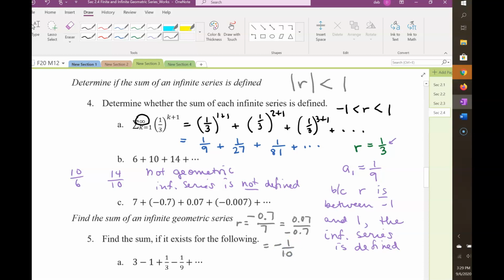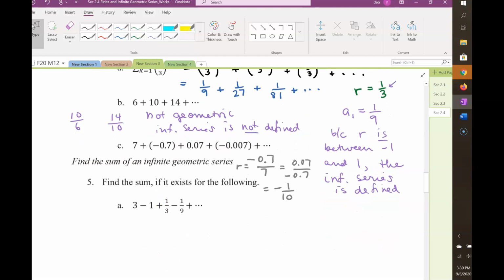So when r is negative, it makes the signs alternate. And then we're getting 1 decimal point smaller and smaller with each term. So because r is between -1 and 1, the infinite series is defined.